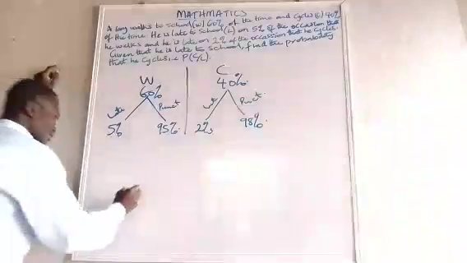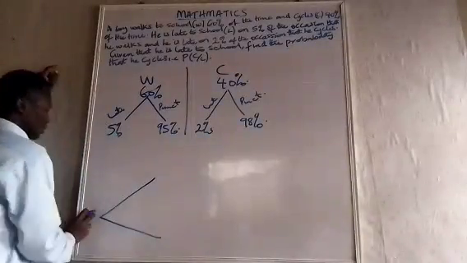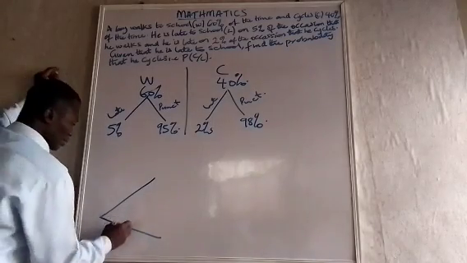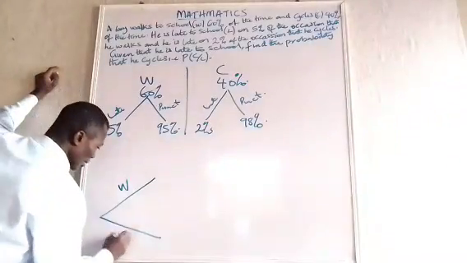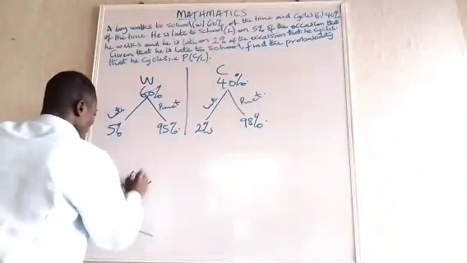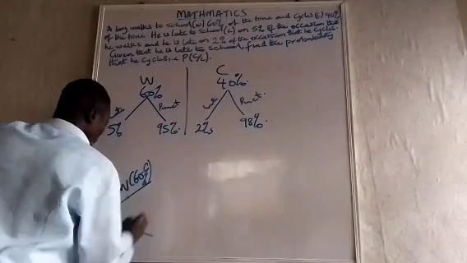Let's go on. Now, this is the total time allotted to cycling and walking. So let's put this one as walk and this one as cycle. This one is 60%, and this one is 40%.